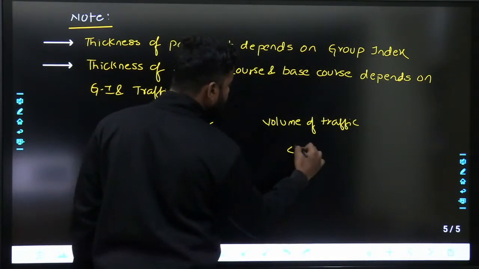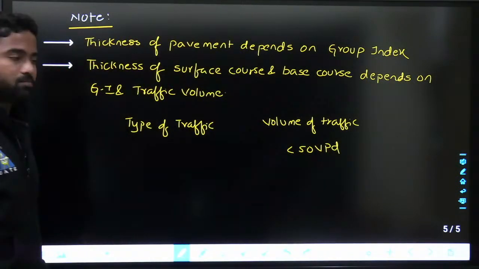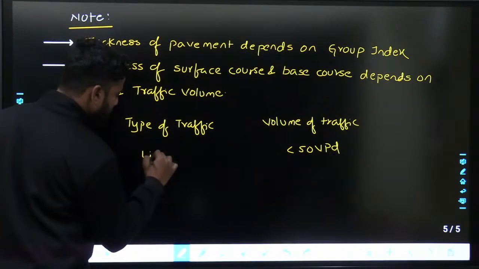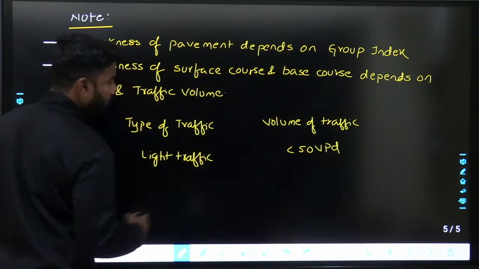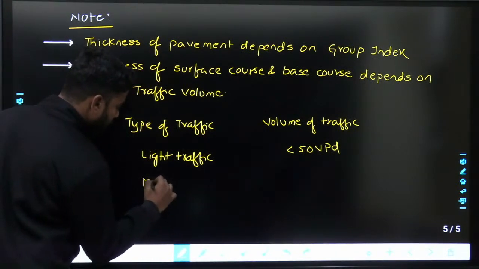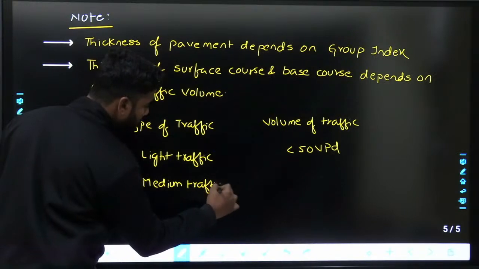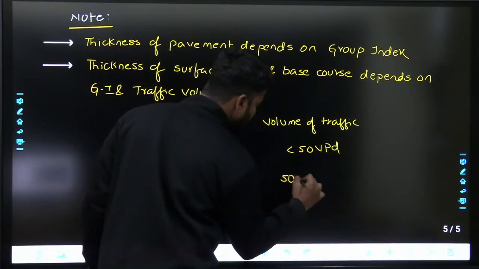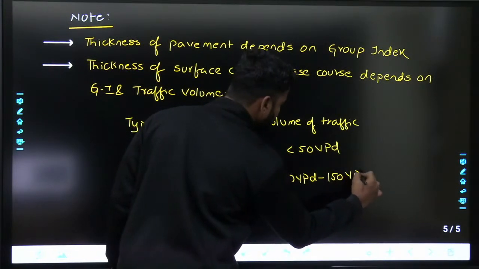If it is less than 50 vehicles per day, not per hour, VPD, 50 vehicles per day, then it is considered as light traffic. And medium traffic, if it is in the range of 50 vehicles per day to 150 vehicles per day.